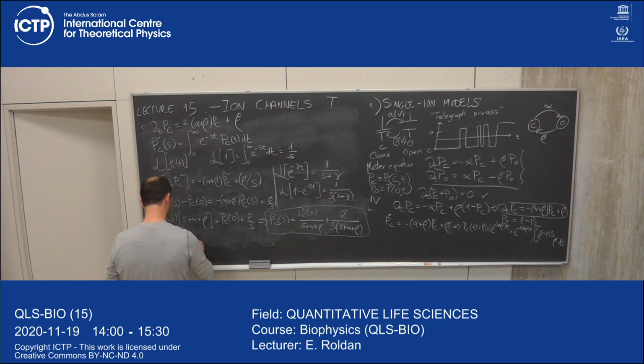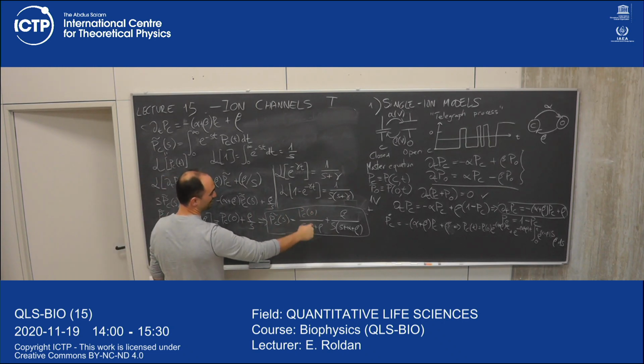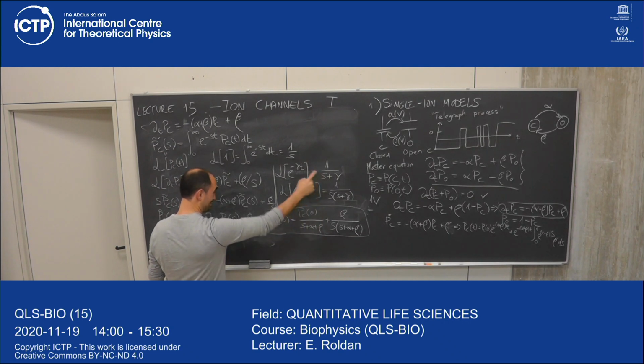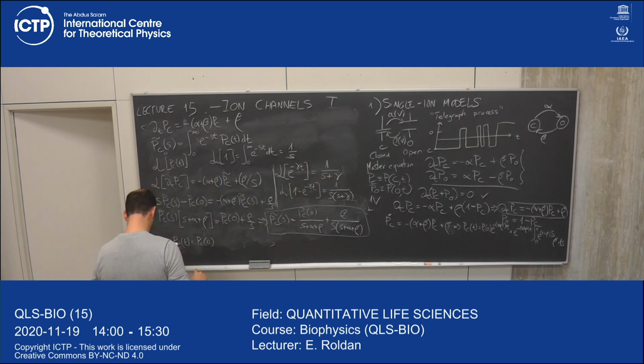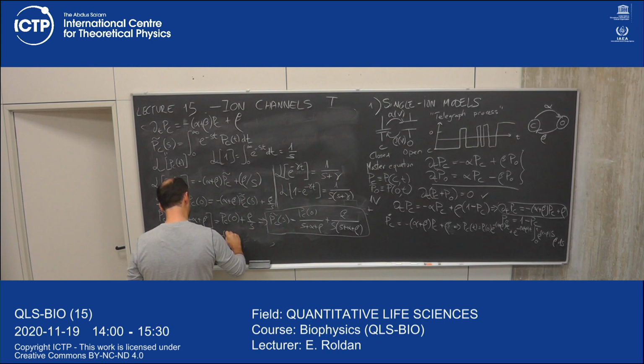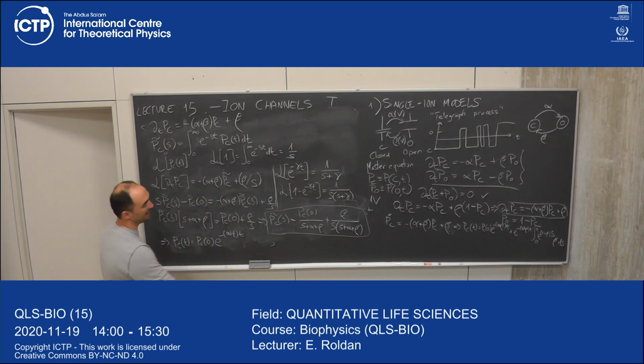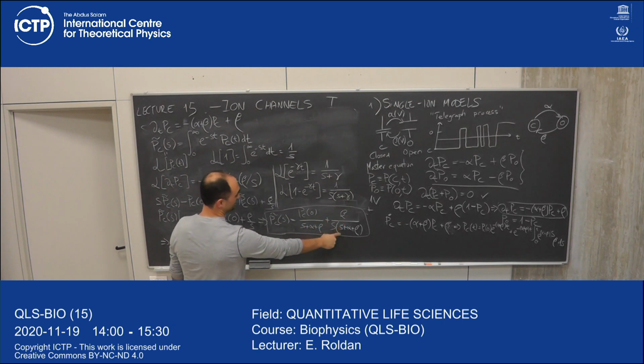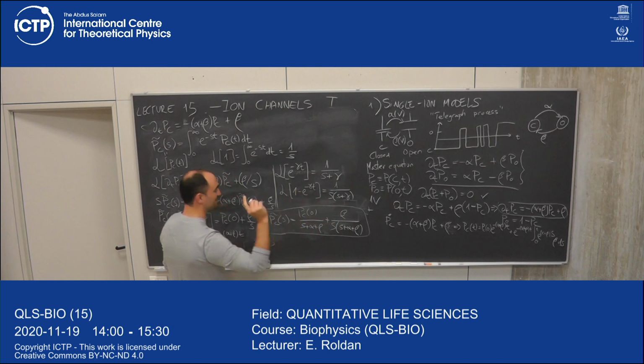If you use this property and this property, you get that Pc(t), inverse Laplace, will be, this is a number, Pc0, times the inverse Laplace of 1 over s plus this. I use this, so this becomes e^(-(alpha plus beta)t), and now it will be beta times the inverse Laplace of 1 over s times (s plus alpha plus beta).